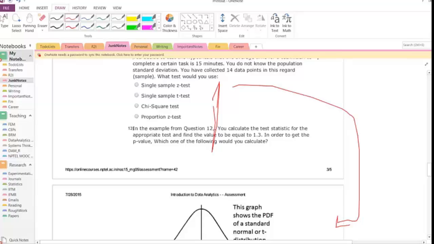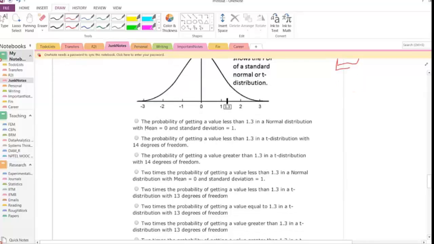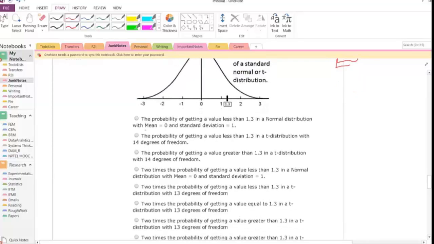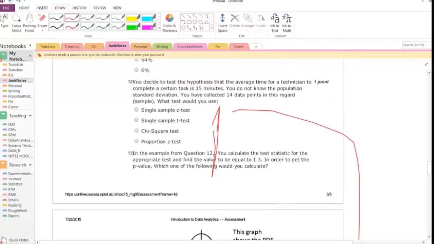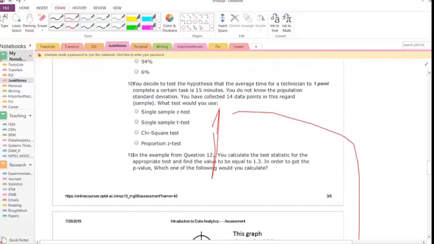Okay? The second thing to realize in choosing between the choices here is, is it a one-tailed test or a two-tailed test? A one-tailed test typically will be framed like, what is the probability? The null hypothesis would be something where you ask, is the average time less than or equal to some value? Is the average time greater than or equal to some value?